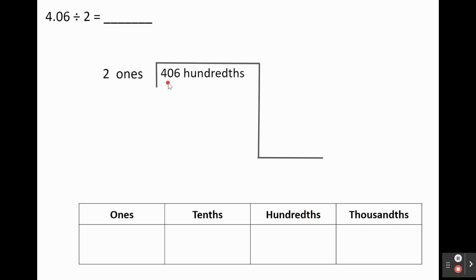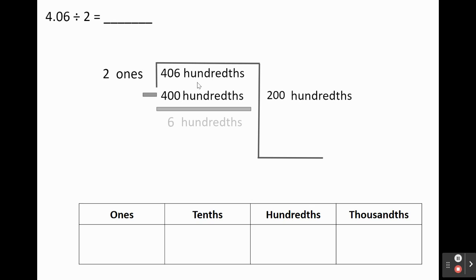Well, let's use a friendly number like 200. 2 times 200 is 400. Notice we're in the hundredths place, so we want to make sure we label both of these numbers using hundredths. Now we can subtract. 406 hundredths minus 400 hundredths is 6 hundredths left over.